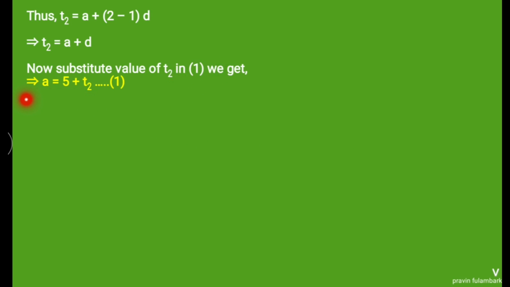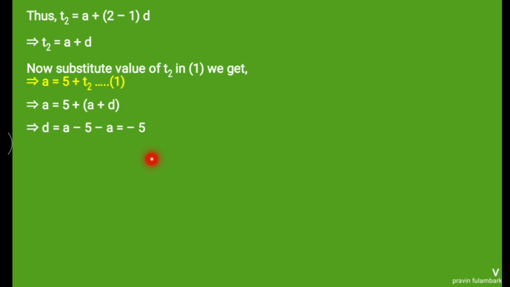We have equation 1 as a equals 5 plus T2. In this equation we replace T2 by a plus d. Now we can directly cancel a with a, because the sign of both a is the same.